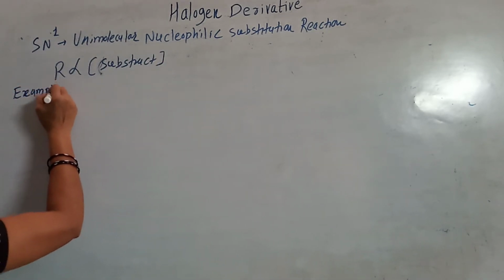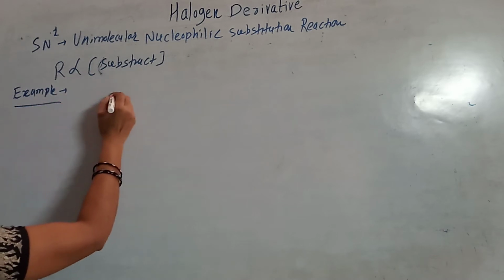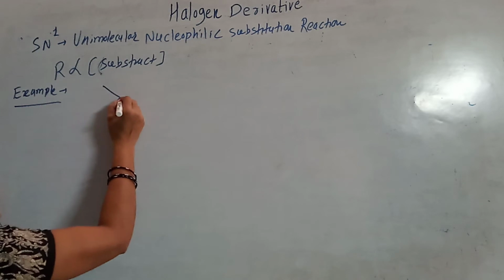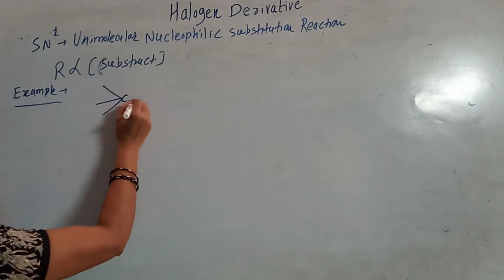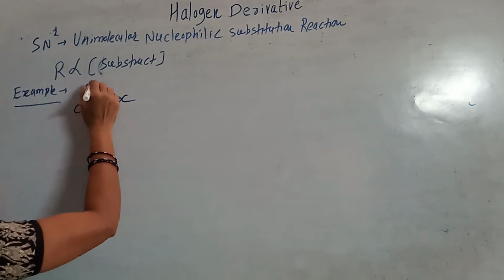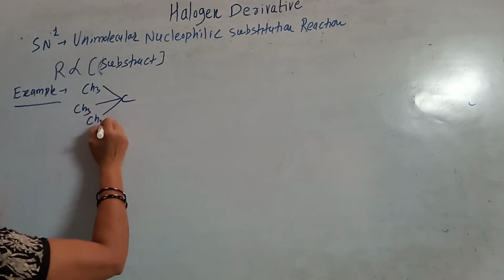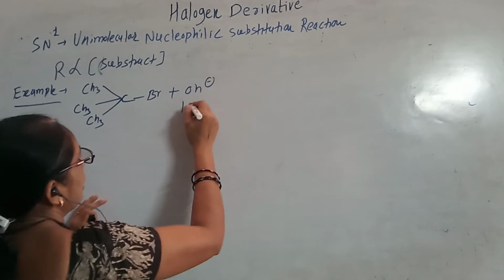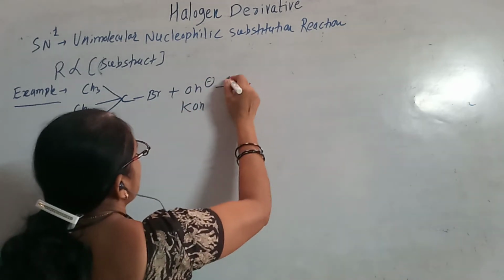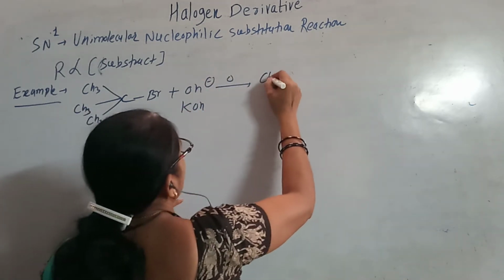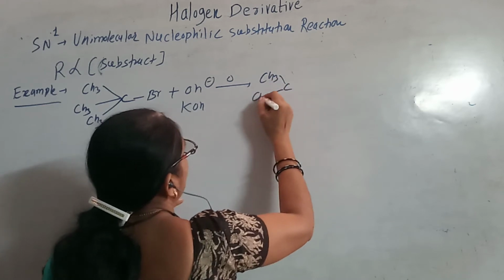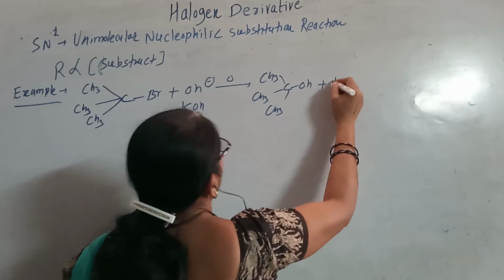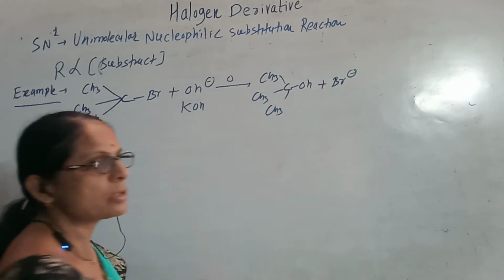The example is tertiary butyl bromide. The carbon is attached with 3 methyl groups. So it is tertiary butyl bromide. When reacted with OH from NaOH or KOH, it gives tertiary butyl alcohol. So this is an example for this reaction.